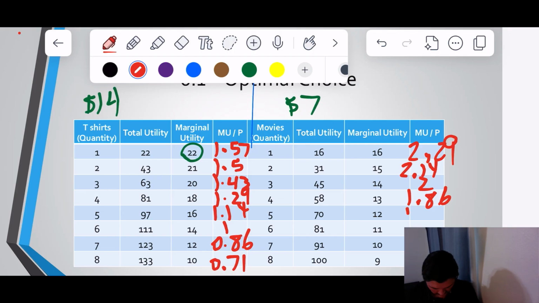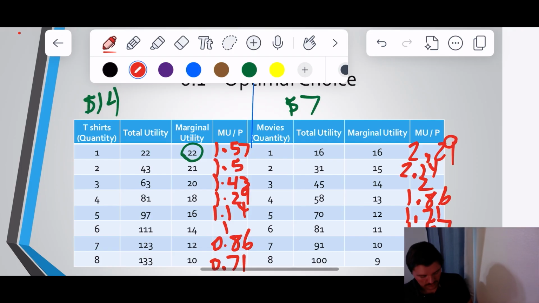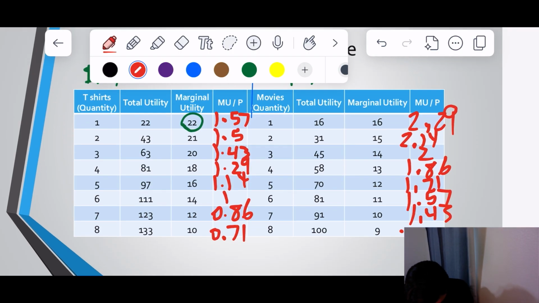That's 1.71. That's 1.57. And that's 1.43. And that's 1.29. Okay.